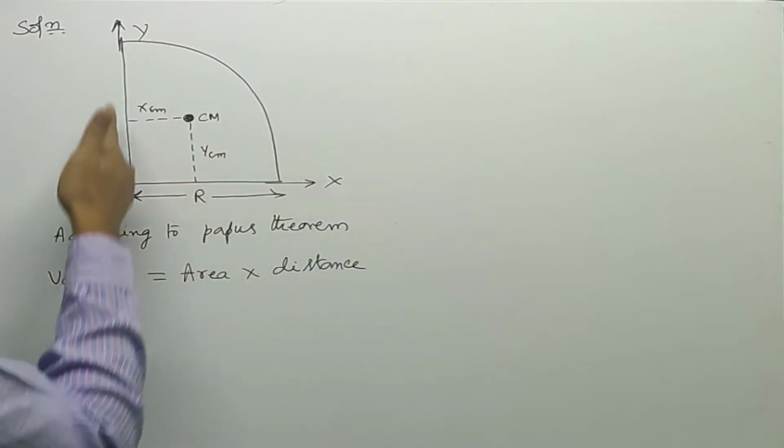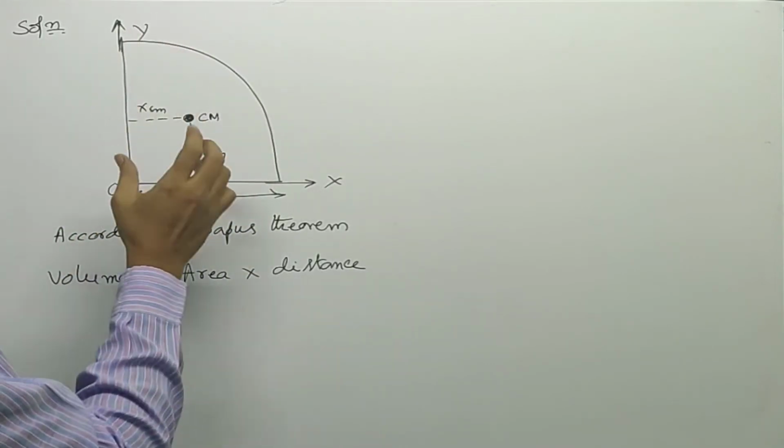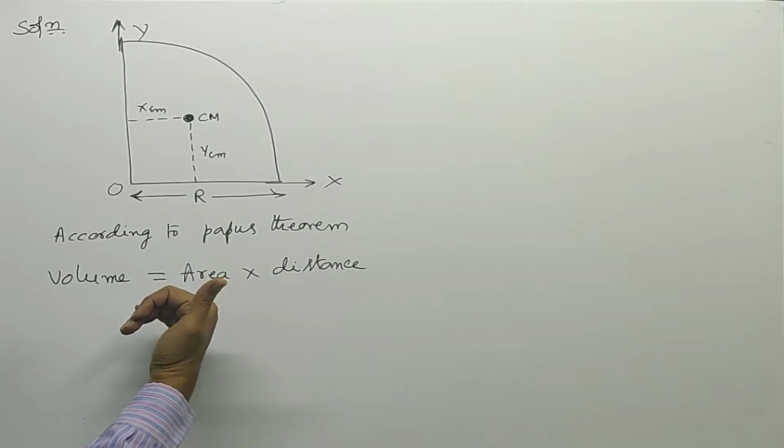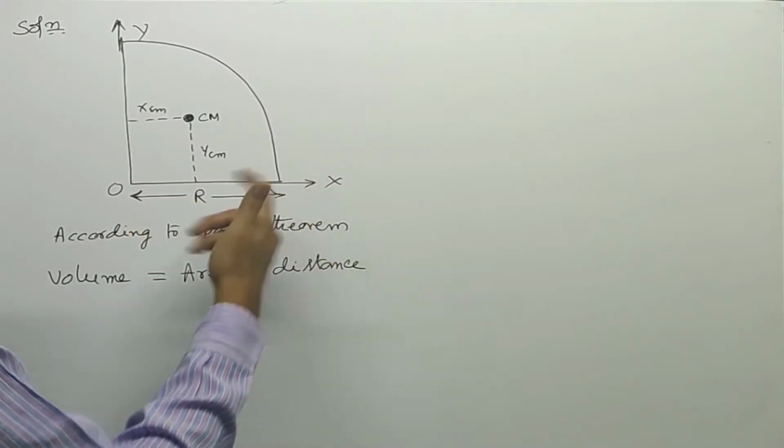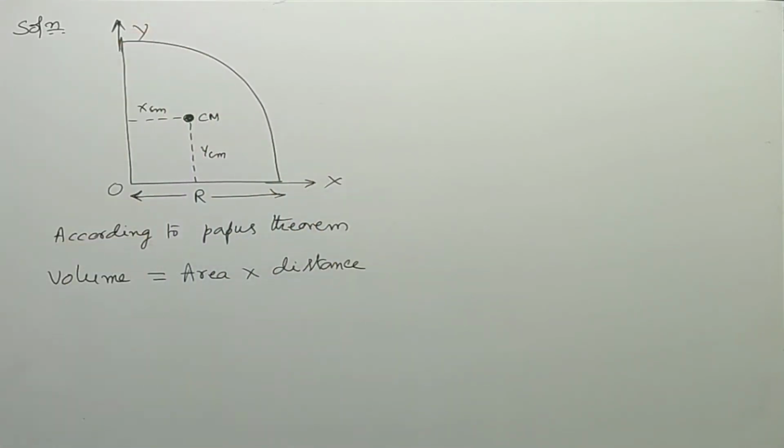So, if the quadrant of a circular plate is rotated about the x-axis once, it covers a half sphere.